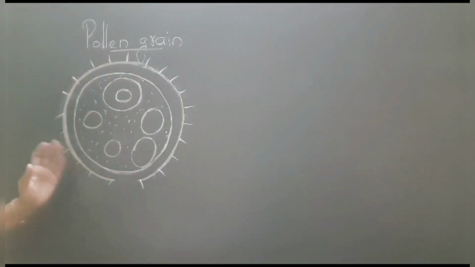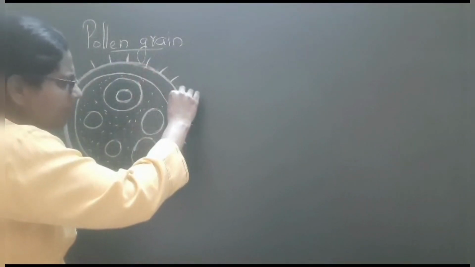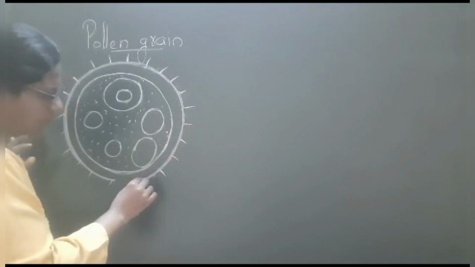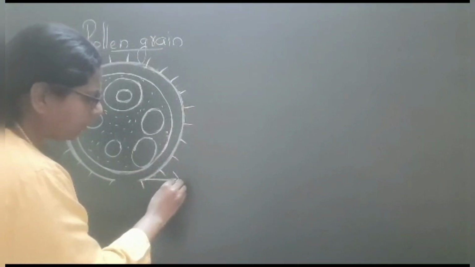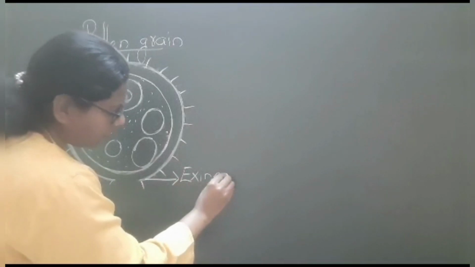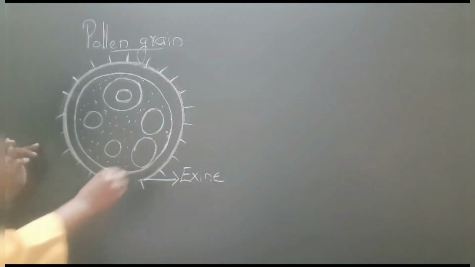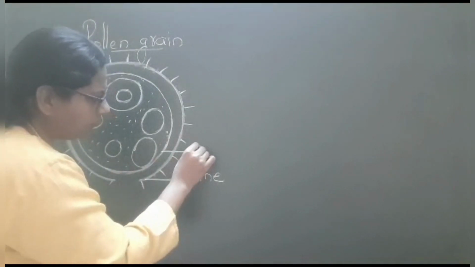This is how a pollen grain looks. Pollen grain has two layers. The outermost layer is called exine. Then the inner layer is called intine.